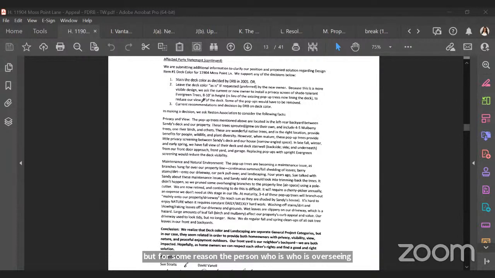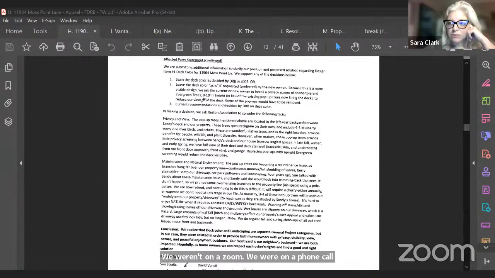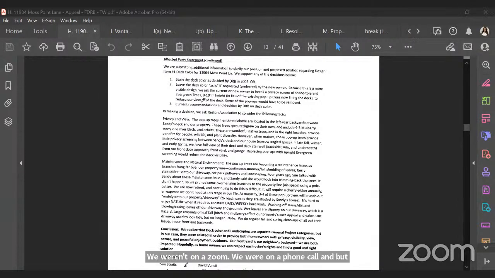We weren't on a Zoom, we were on a phone call. We thank the three members of the committee for that night for reading our concerns and coming up with the solution they did. We were just hopeful that the solution could be a bit more detailed.